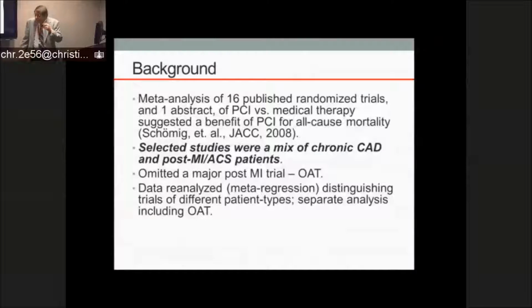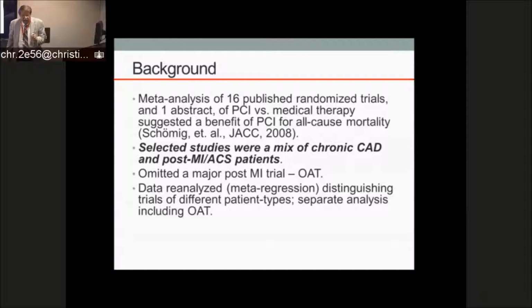After the controversy of the COURAGE trial and the publication of the results, there was a meta-analysis done shortly after that, where they took 16 randomized trials and 1 abstract. So they had 17 different studies that looked at PCI and medical therapy and compared those with respect to all-cause mortality.